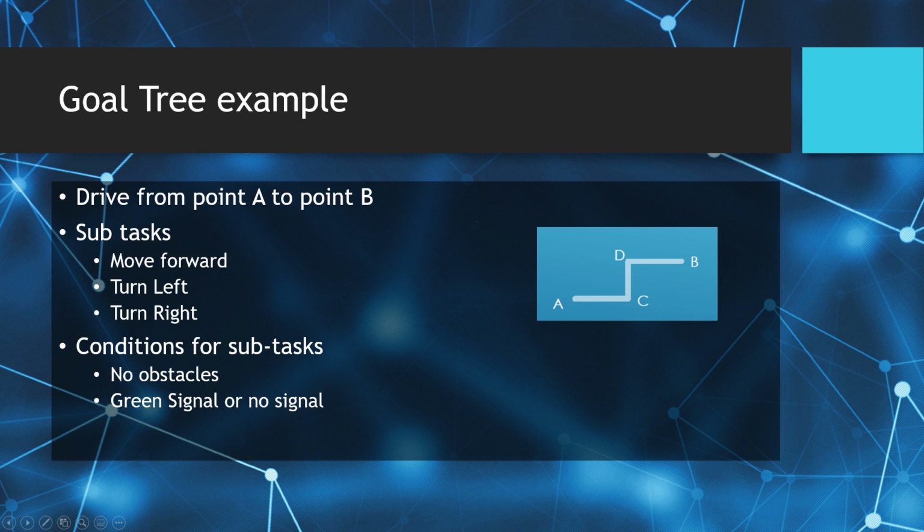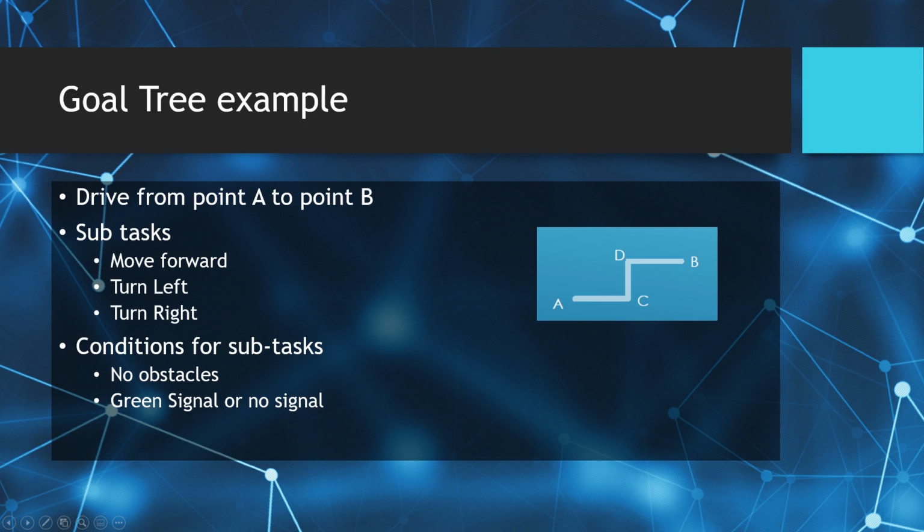The actions our agent can perform are either move forward or backwards or turn left or right. And so of course the subtasks would include first of all moving forward, then turning left and then turning right. And the conditions for completing the subtasks can be things like no obstacle, no signal, or the light should be green, and whatnot.